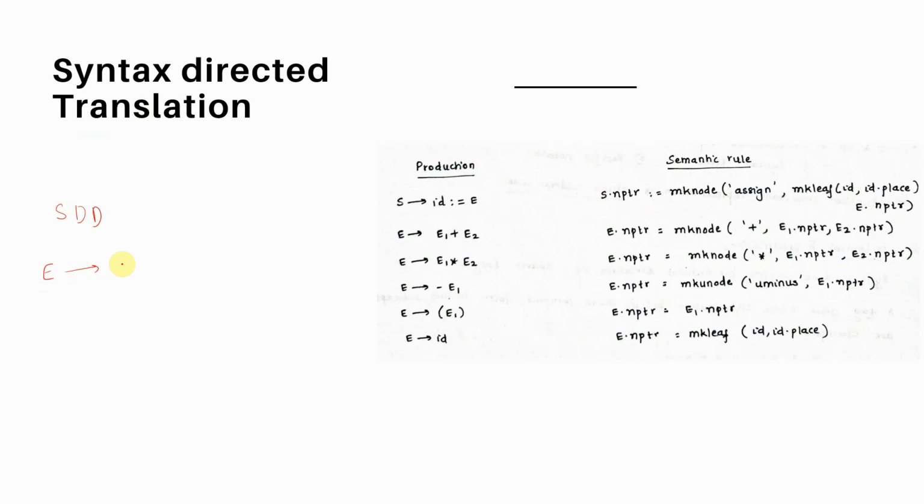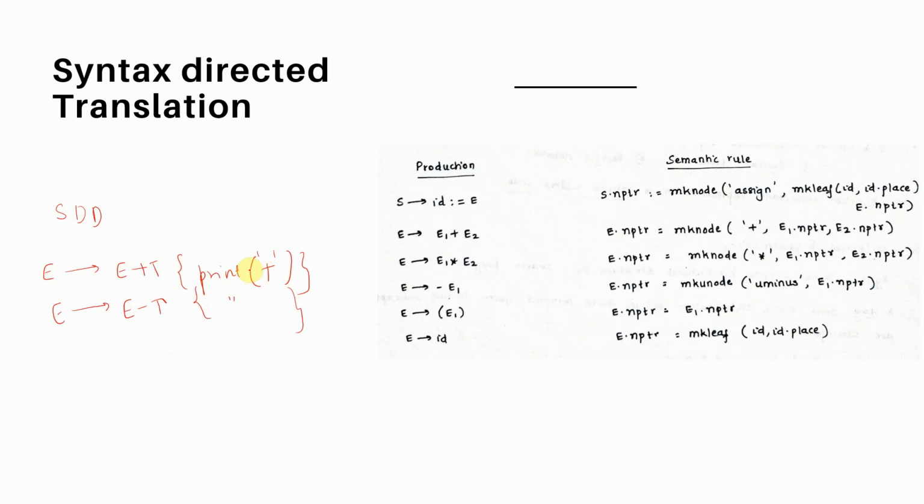If I write E gives E plus T and say print plus, then again I write E gives E minus T and some action, say print minus, and so on. These are grammar rules with some action associated with them. These are called syntax directed definitions.